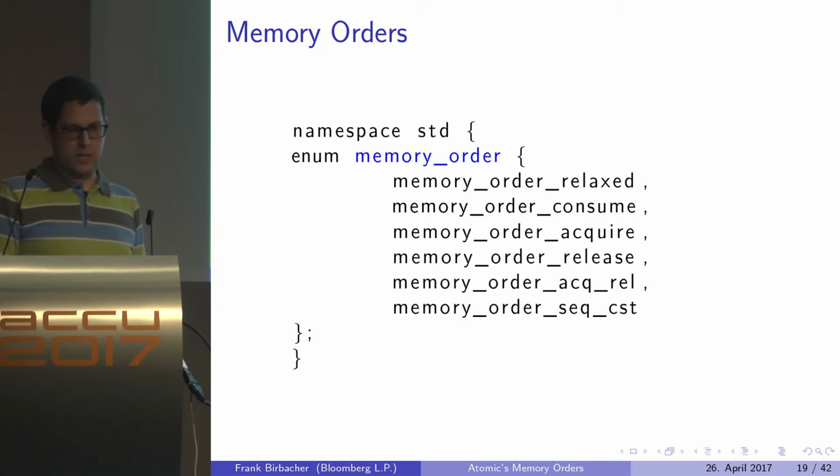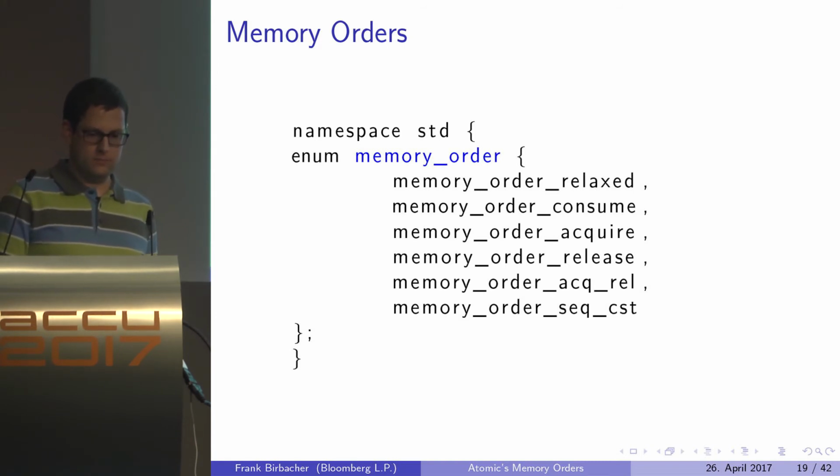So we have memory order relaxed, which usually goes by itself and doesn't impose any ordering. We have consume, acquire, and release, which form two pairs of operations: or better, release and consume, and release and acquire. We'll be looking at those two, and there's a combined acquire-release, for things that are both a read and a write.